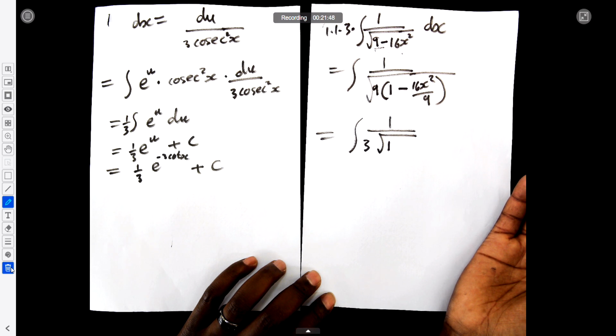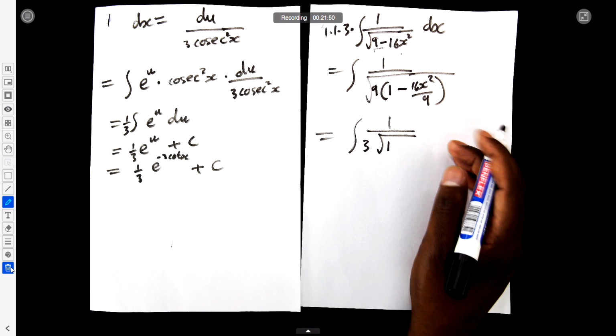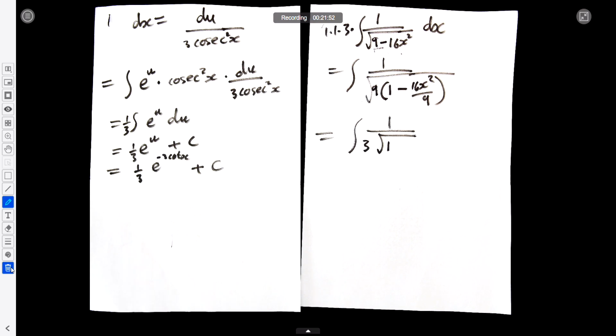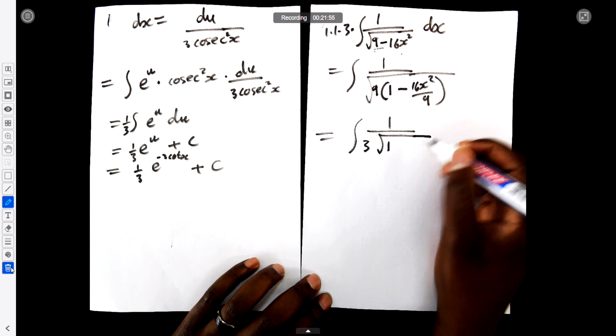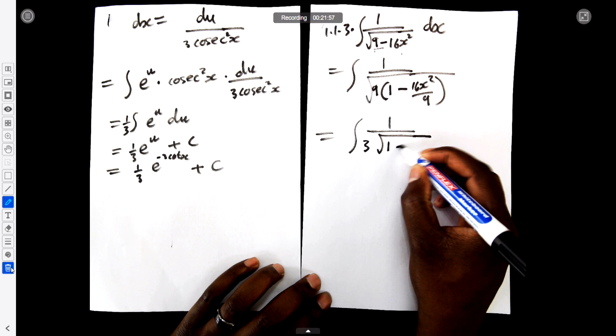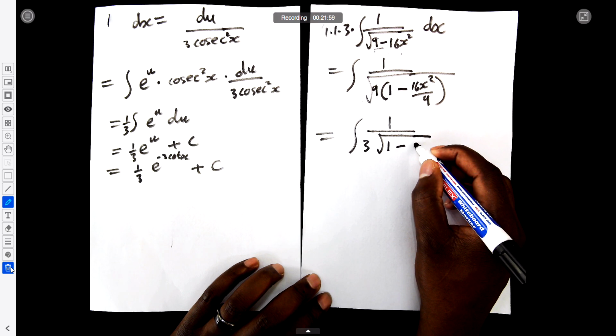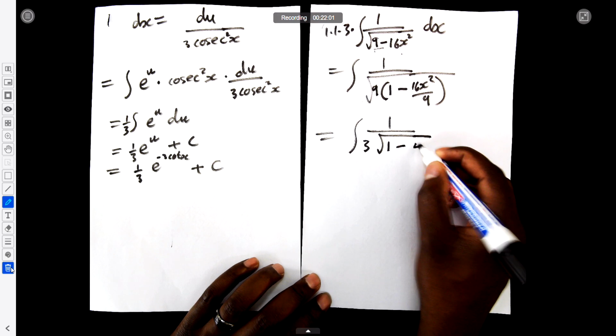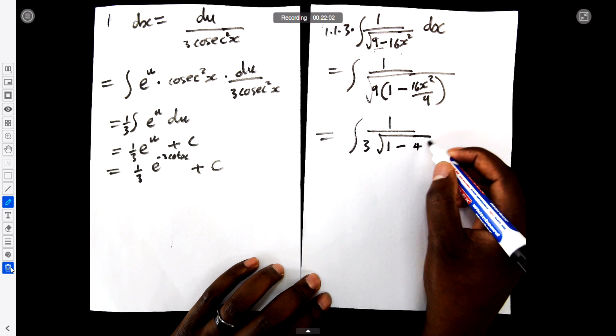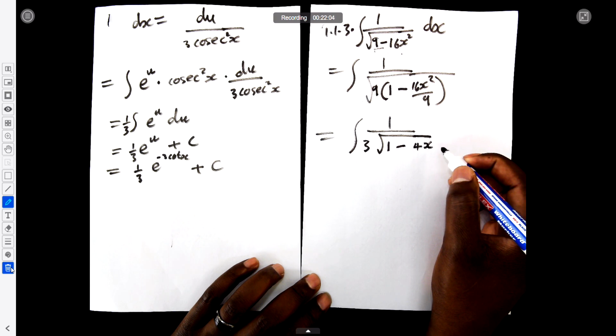Please try and express it in perfect squares. By perfect squares, we mean express it as a square. How can I express 16 as a square? I can have 4 squared, isn't it? And x can be x to the power of 2.